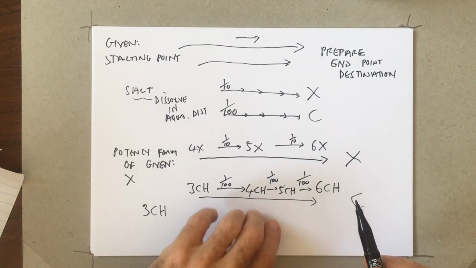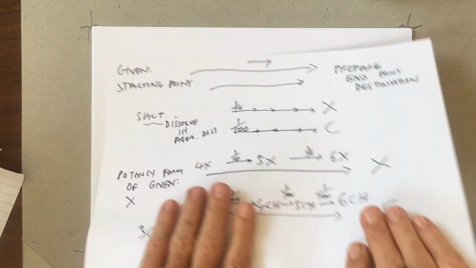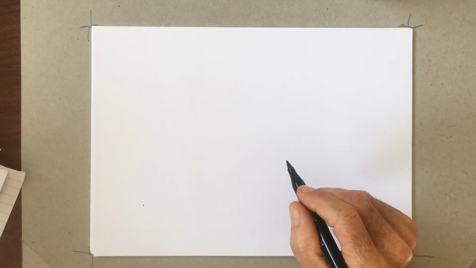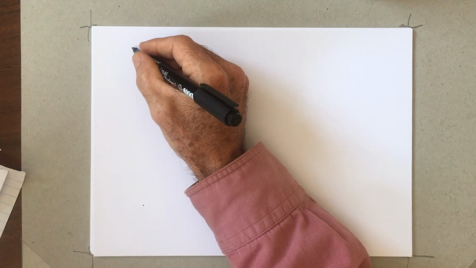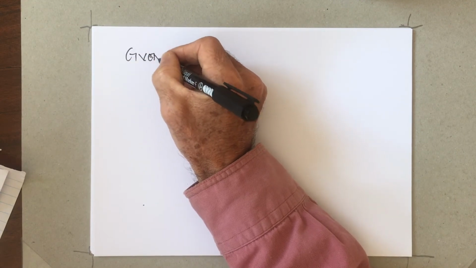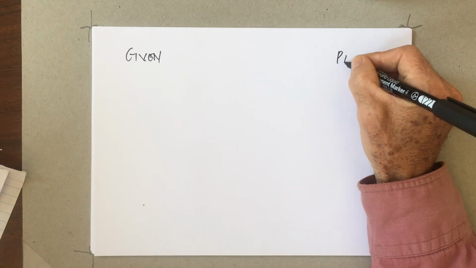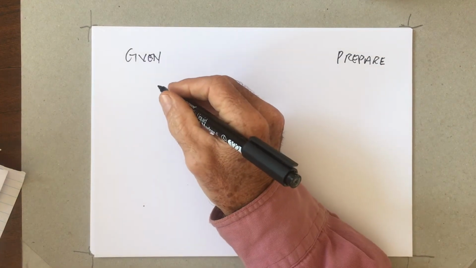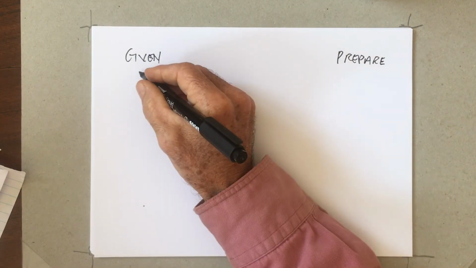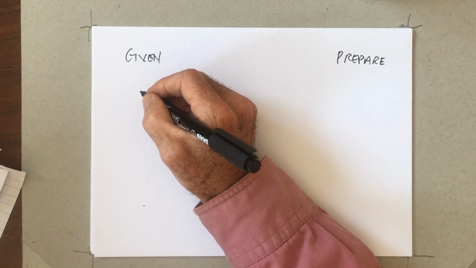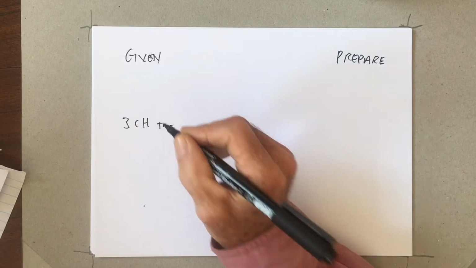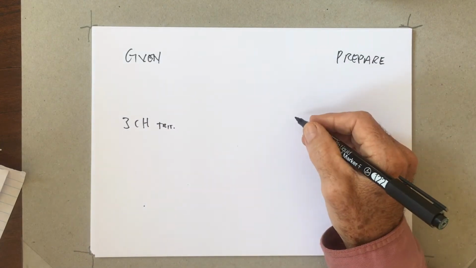It's not always so simple. So let's look at these cases now where the end point and the given point are on different scales. So we can be given, for instance, and let's put the prepare side over here, a 3CH triturate, which is obviously on the C scale.